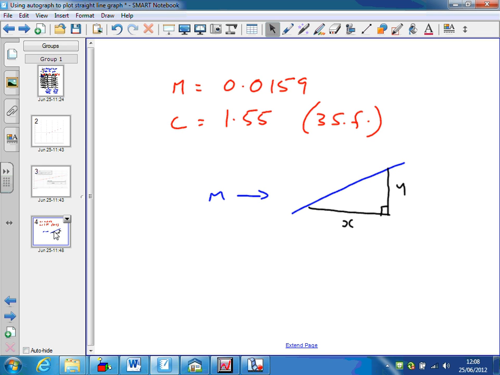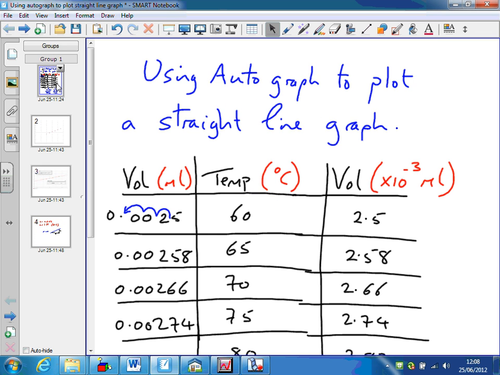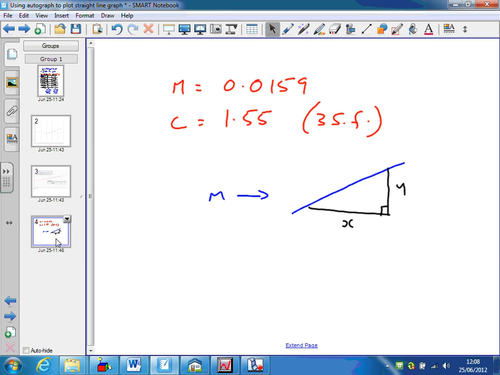But if you remember, going back to our table, we actually need Y to be times 10 to the minus 3. So the Y value should be a factor of 10 to the minus 3 times smaller. So if I go back to this value here, this Y value should be another factor of 10 to the minus 3 lower than that.